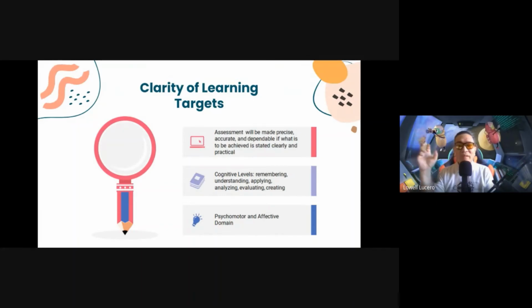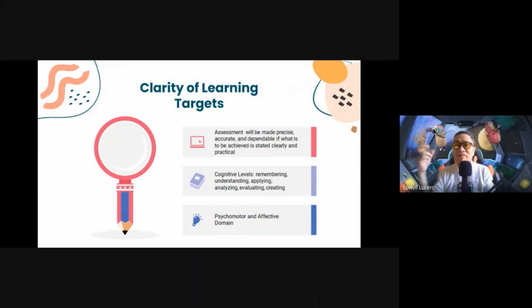Pag hindi clearly stated yung objective, meaning hindi din precise at saka accurate yung assessment. So, importante yon. So, the clarity of learning targets will also give you clarity in your assessment.